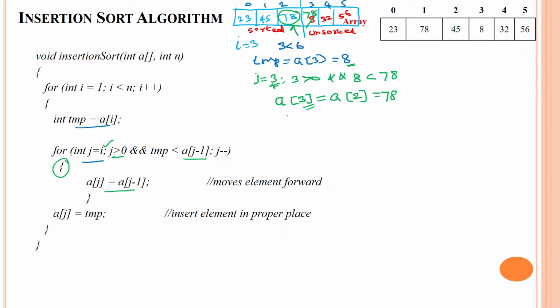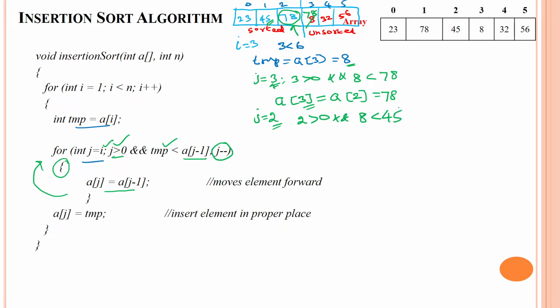Then now again j is decremented by 1. So after j is decremented by 1, j equals 2. So 2 greater than 0, this condition. Then temporary is 8, less than a of j minus 1. J is 2, so j minus 1 is 1, so 45.